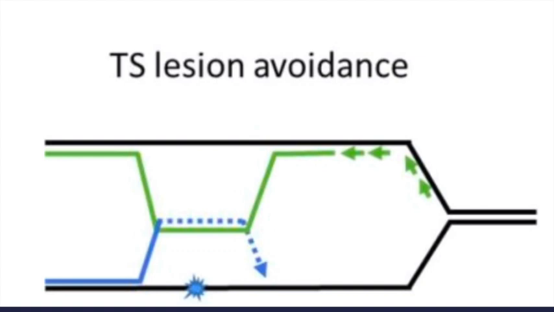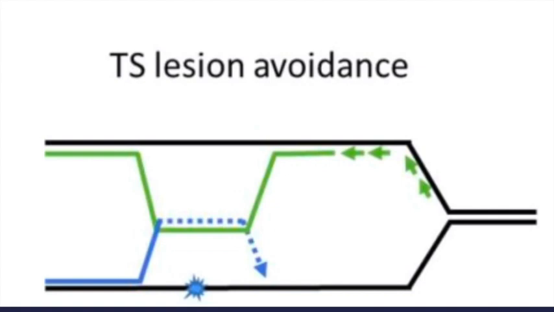Now, you can see that this green strand did not meet with any kind of lesion. The green strand is the daughter strand which is being synthesized on the complementary strand of this lesion containing mother DNA strand.